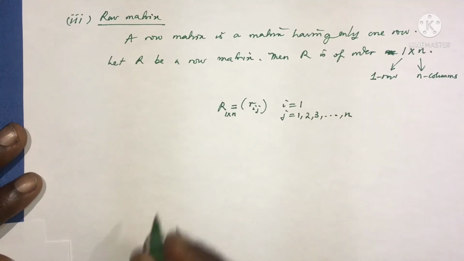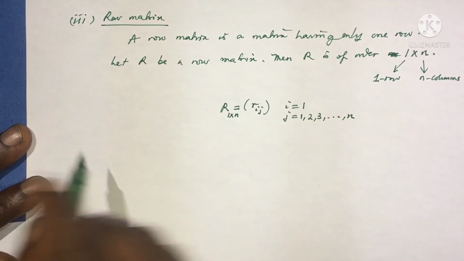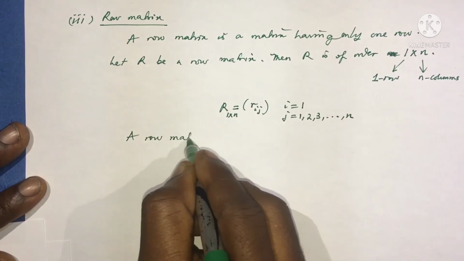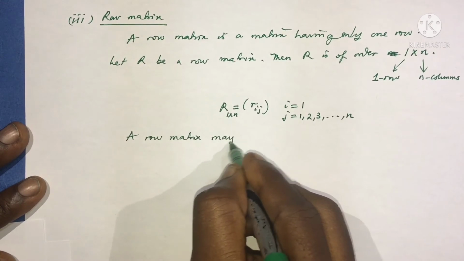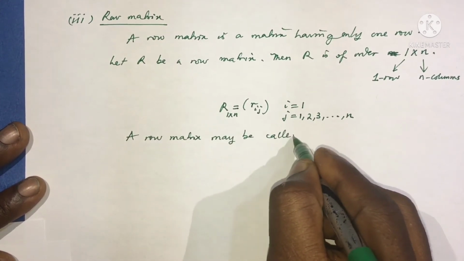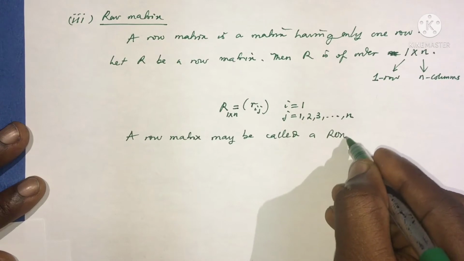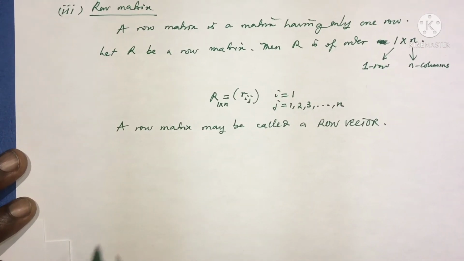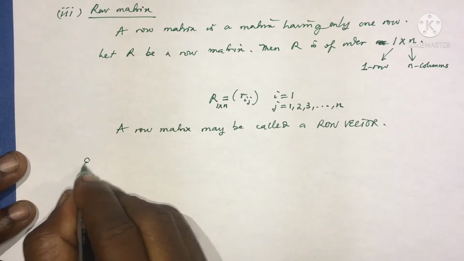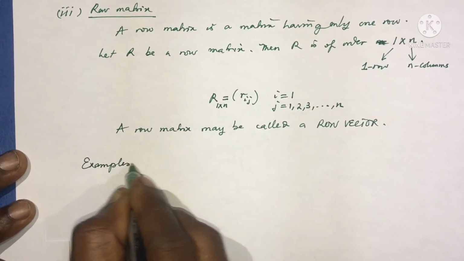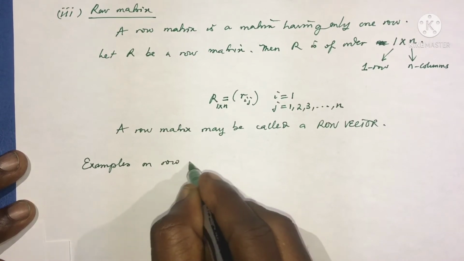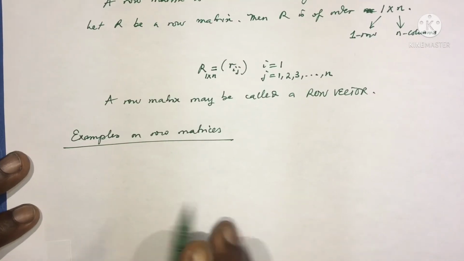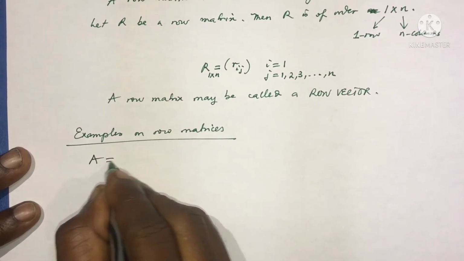Now, if you want to consider another name for a row matrix, a row matrix may be called a row vector. Okay, it may be called a row vector. And that brings me to examples on row matrices. So let's see examples of row matrices.